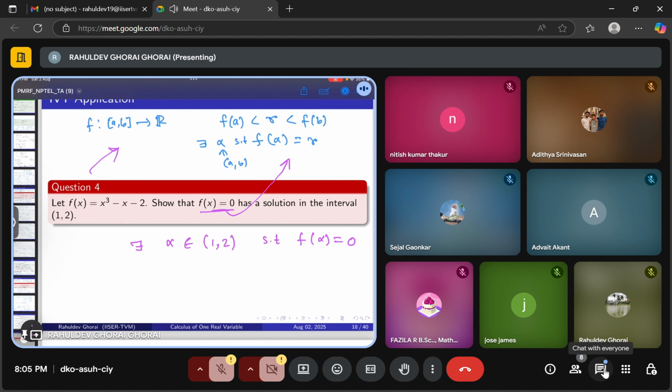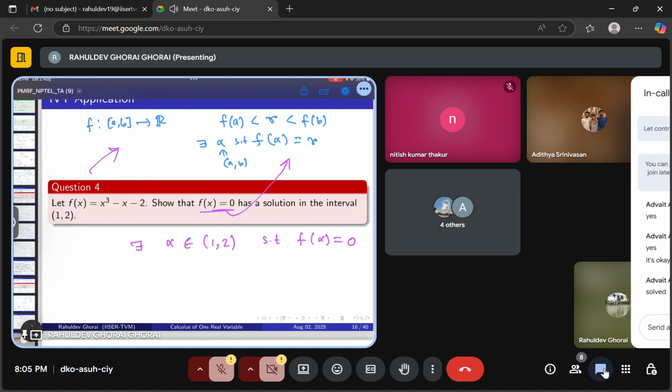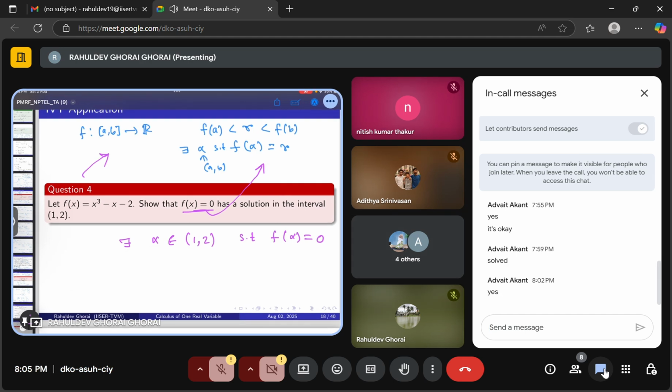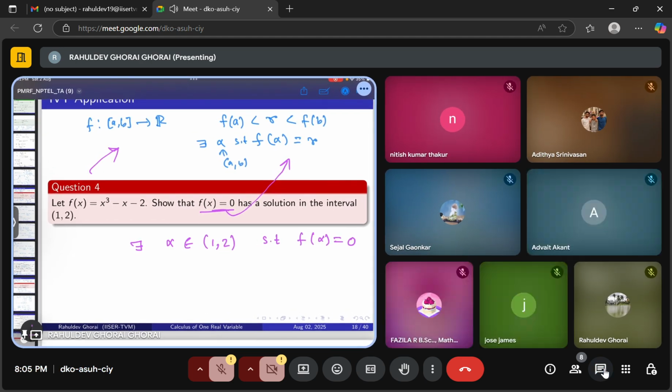Why do we need to find this one? As Advait says that he solved it, can you please tell us what you did? Shall we discuss?